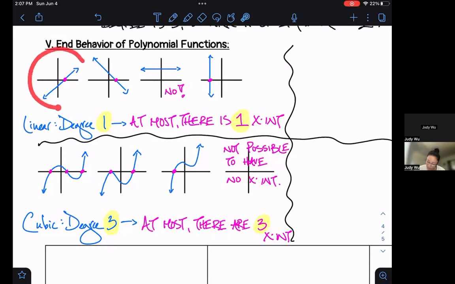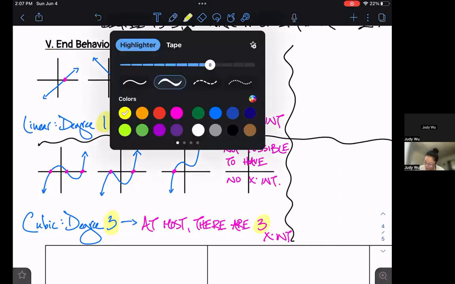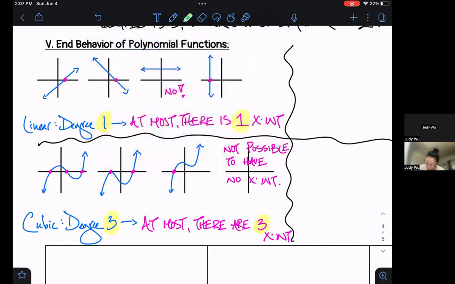And so when I look at this line here, I might notice that I have a left end behavior of down, and I have a right end behavior of up. Right? So the way that we would say this end behavior is down up, whatever's happening on the left and whatever's happening on the right.